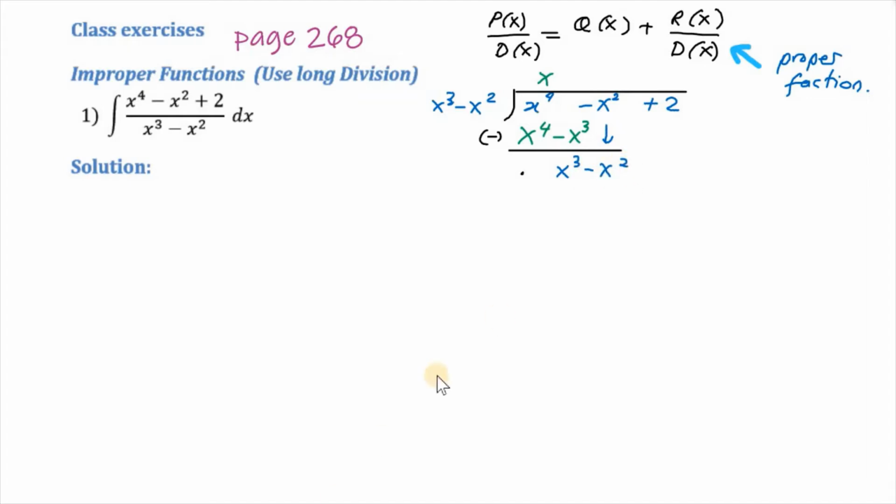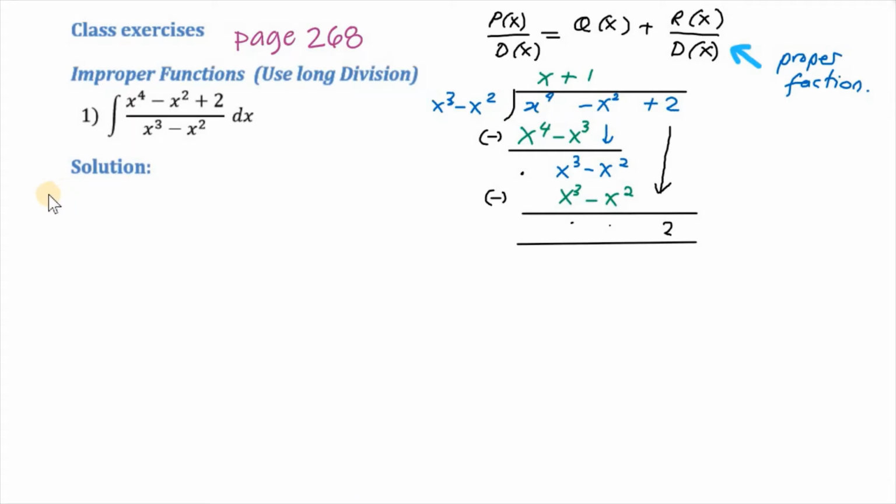And then let's pull down this x squared. So let's repeat the process. We have 1 times this to get to this. So we have 1 times x cubed minus x squared. And then we deduct further, and we pull down this 2. So we deduct, and we have 2.